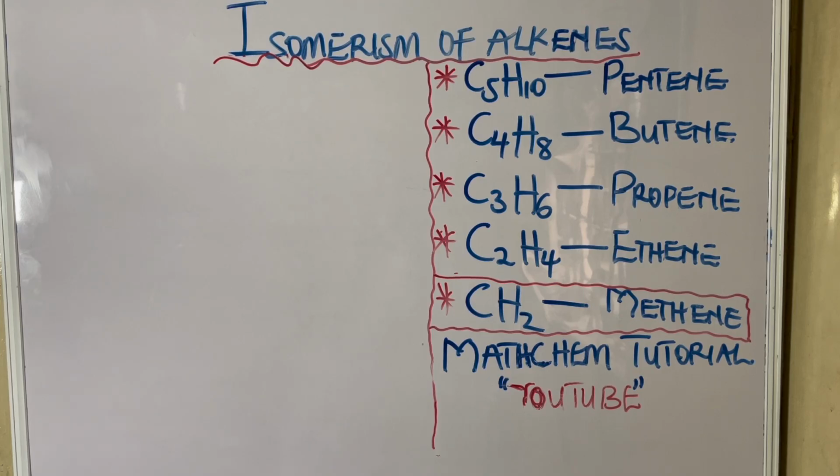Remember, the stereoisomerism comprises of the optical isomerism as well as the geometric isomerism. So for alkene, it entails the structural part of isomerism and as well the geometric aspect of isomerism.